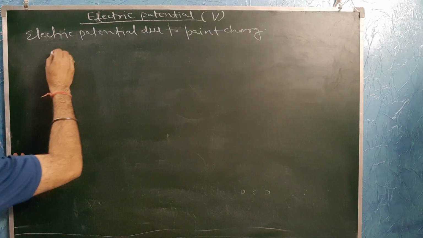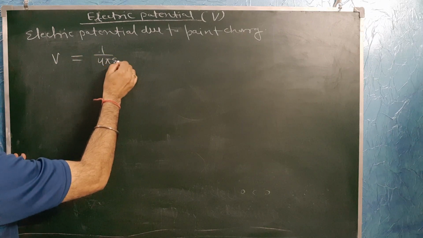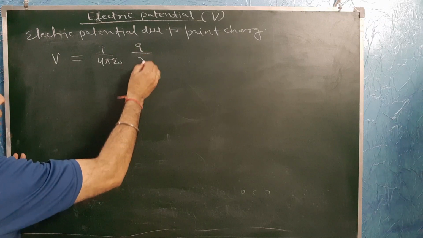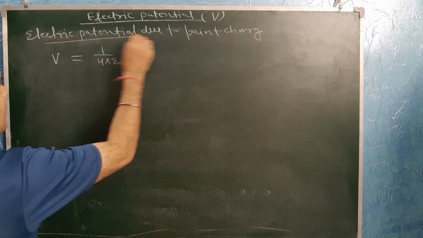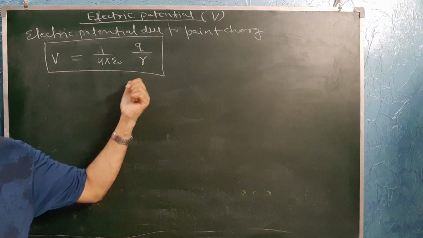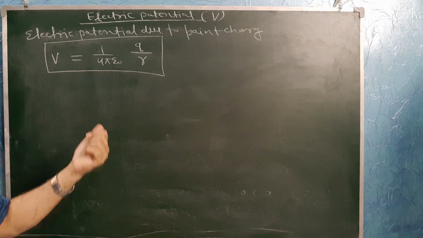Electric potential due to a point charge is simply 1 upon 4 pi epsilon 0 times the point charge Q upon R. If the point charge is Q, then this is R. This is for a single point charge, and this is the profile of electric potential due to a single point charge.